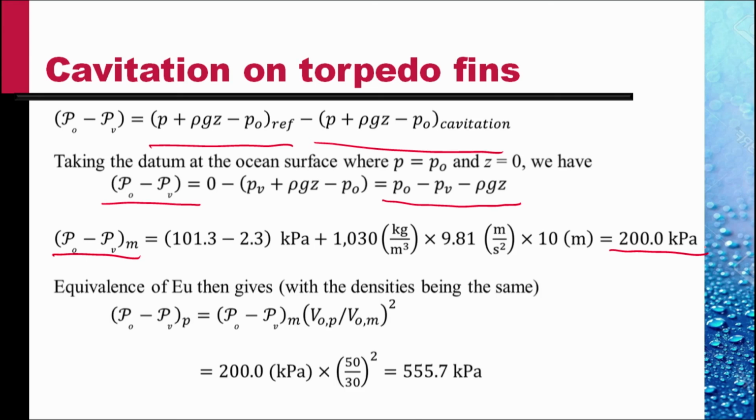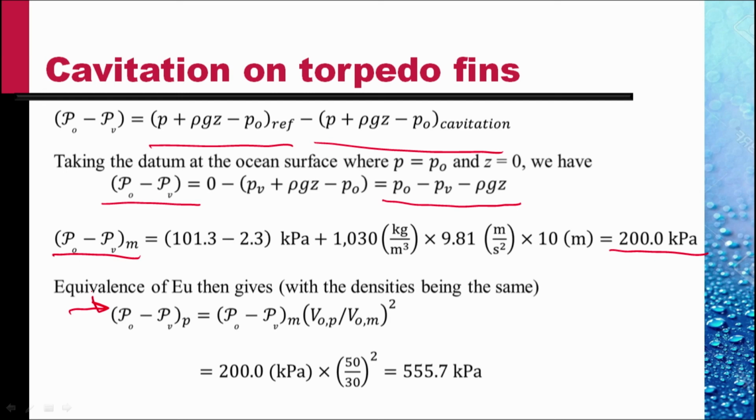Equivalence of Euler number then results in this expression as the modeling rule. Euler number must be same. So the characteristic pressure difference in the prototype should be characteristic pressure difference in the model multiplied by the velocity in the prototype divided by velocity in the model whole squared.